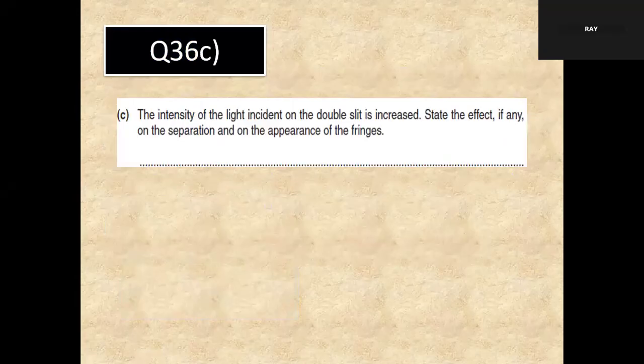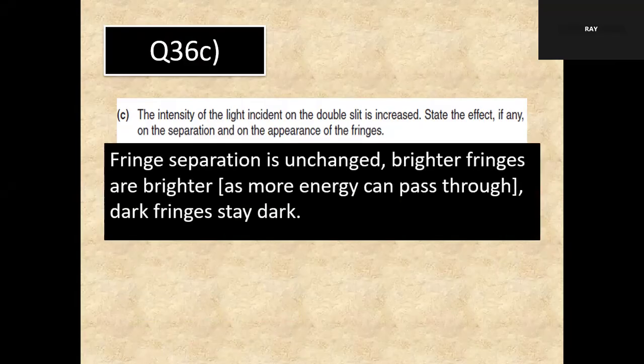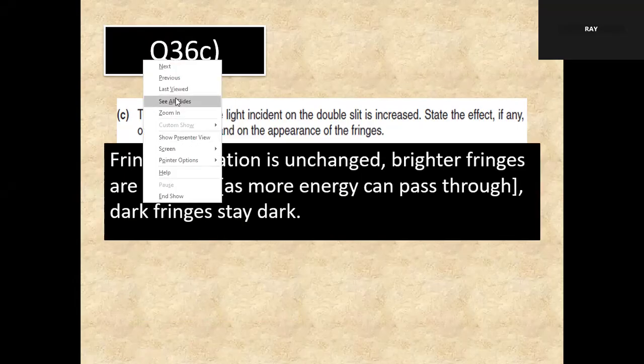If the intensity of light incident on the double slit is increased, state the effect, if any, on the separation and on the appearance of the fringes. You must always go back to this formula.